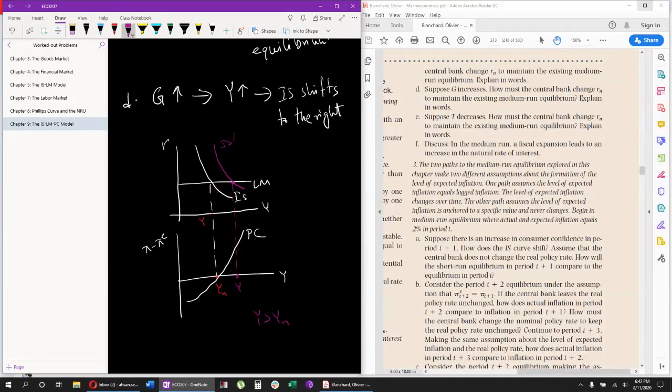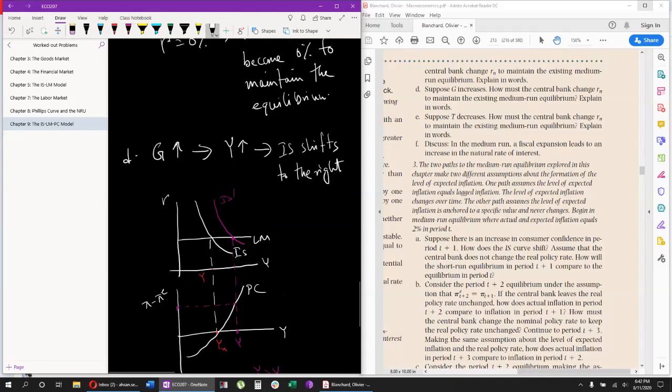As a result, we know what's going to happen. There's going to be inflation. So IS shifts to the right, Y is greater than Yn. As a result, we have inflation in the economy.